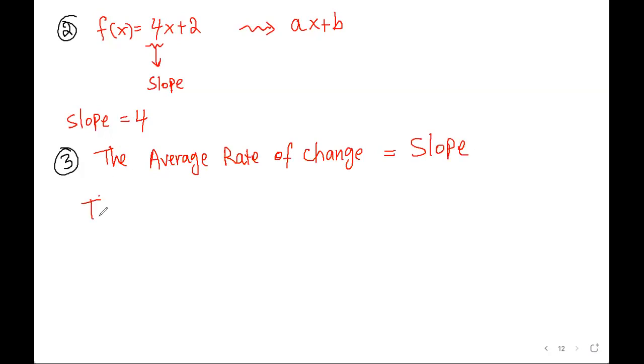This means the average rate of change is 4. Any question?